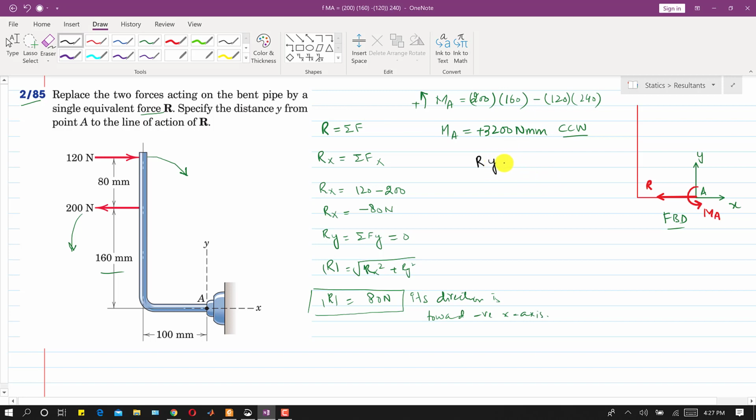So R times y is equal to the total moment about A, so y will be equal to the moment about A divided by R. The moment about A is 3200, and this should be the magnitude, remember. 3200 divided by R, and R is 80. So this gives us 40 mm.